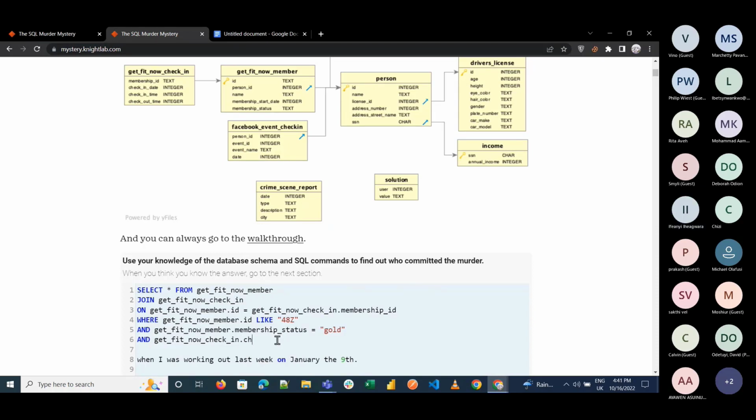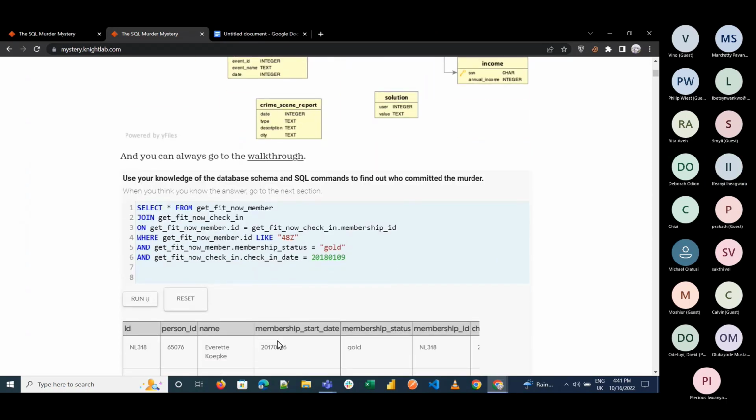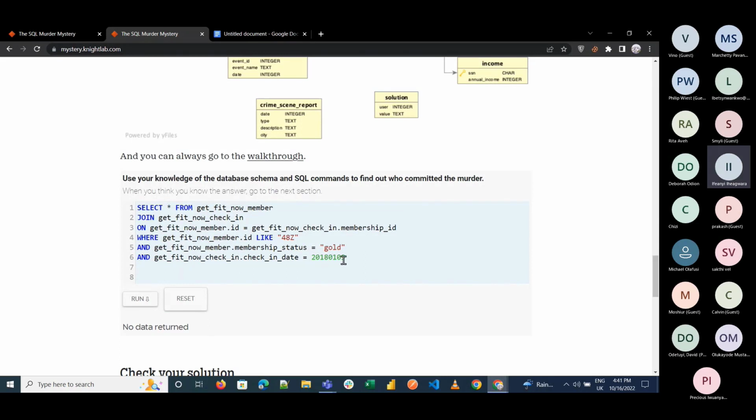So the check-in date is equal to 2018, January, the 9th. Okay, so we run this now. No data returns. So let's find out if I made a mistake. We're joining Get Fit Now on this table where the Get Fit Now ID is equal to the membership ID, and where the ID number is equal to this and this. Okay, I saw the mistake. Can anybody see the mistake that we made?